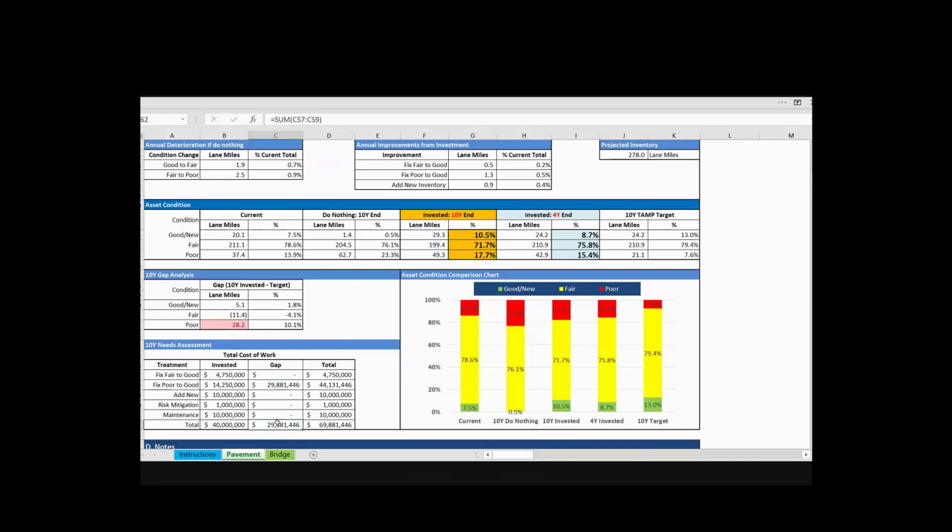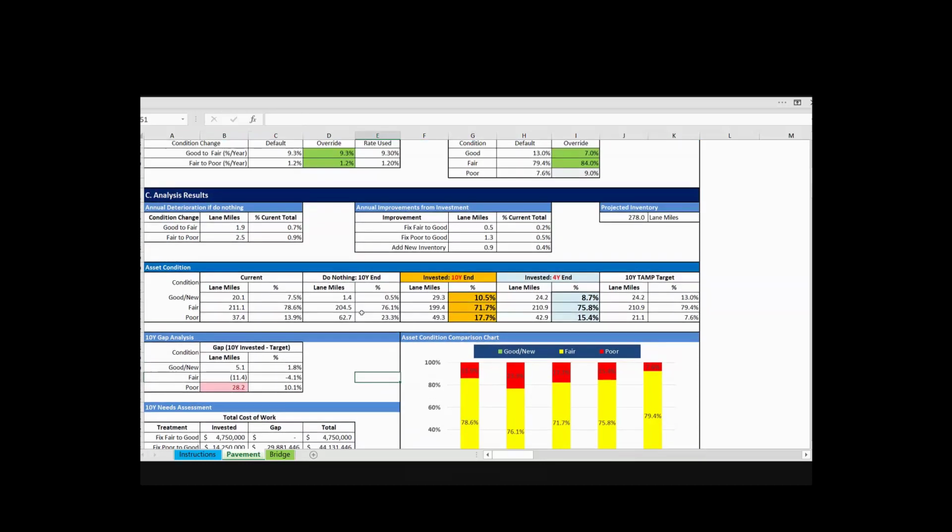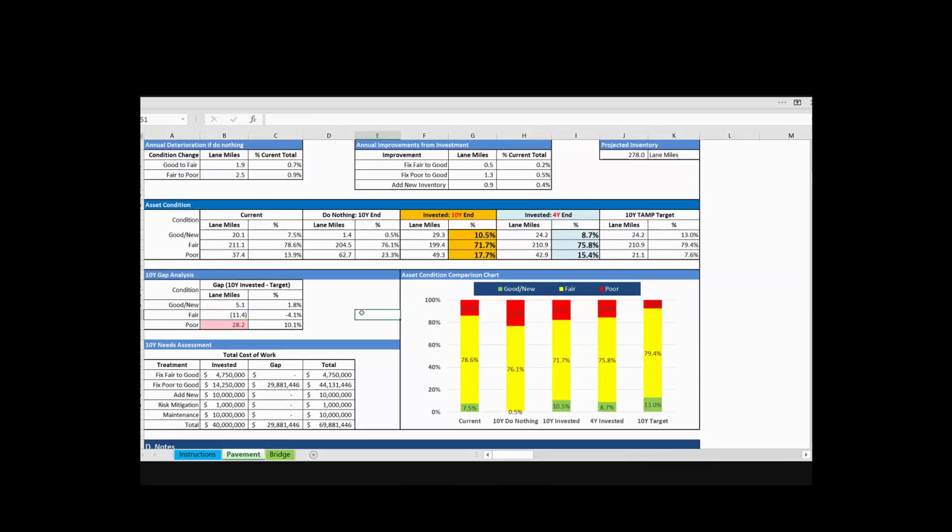So the local agency will be able to use this information. Maybe they adjust the parameters in section B so they can estimate the projected condition at the 10-year end. That helps them make a decision about an agency-specific and realistic target for 10-year or for 4-year. So that's analysis part C.